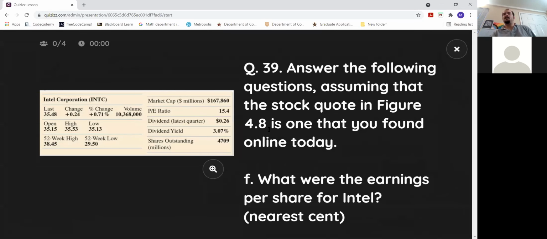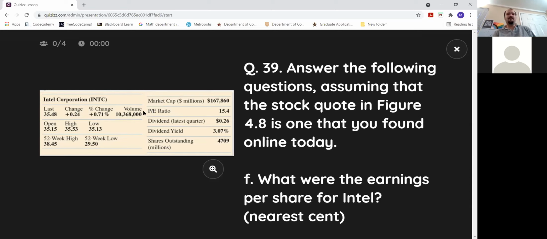Okay. What were the earnings per share for Intel? We are assuming the current price, which is 35.48. If we want to know earnings, they don't give earnings straight off. They give price to earnings.